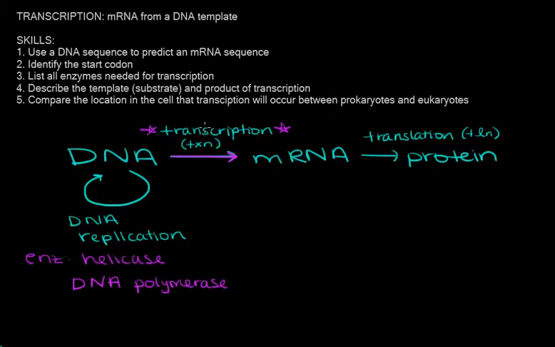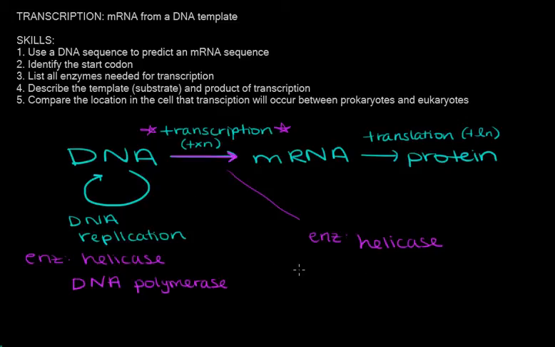For transcription, the enzymes used here, again, we're using DNA as a template, and all of the bases are stuck together in the middle. So as you can imagine, we're still going to have to use helicase to unzip the base pairs and expose those bases so that we can copy them. We can use those as the template.